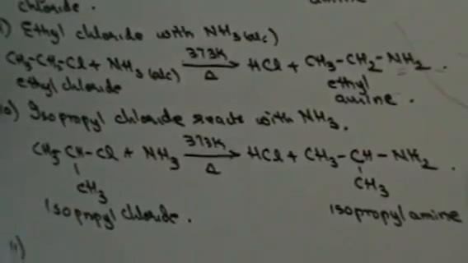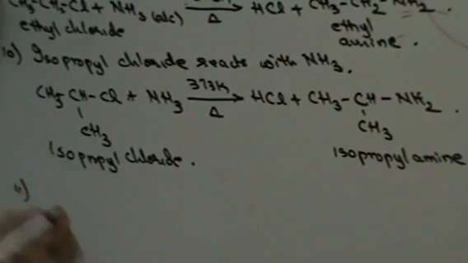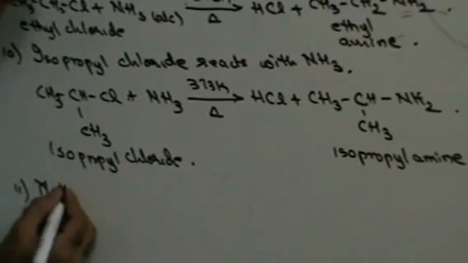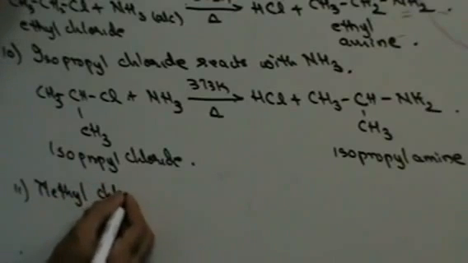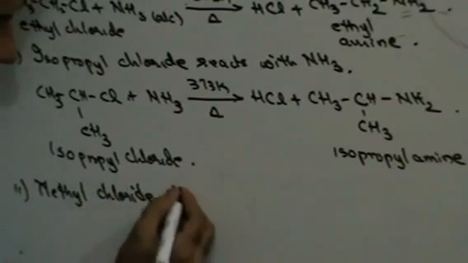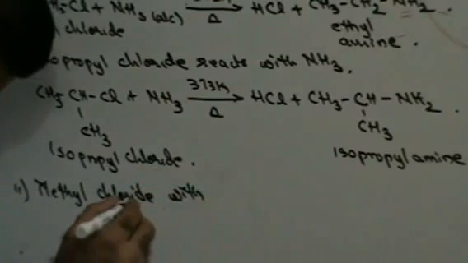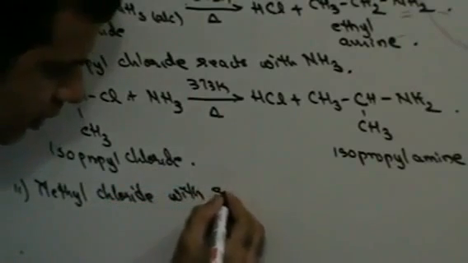Fine. Okay, next let's see another reaction of substitution. Suppose it reacts with sodium alkoxide. For example, if I have methyl chloride with sodium methoxide.